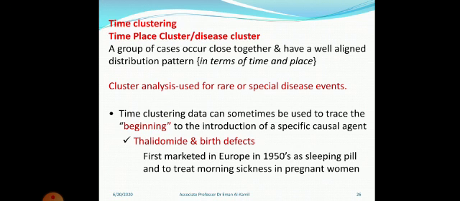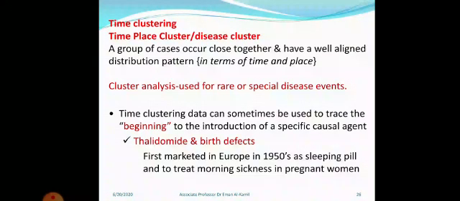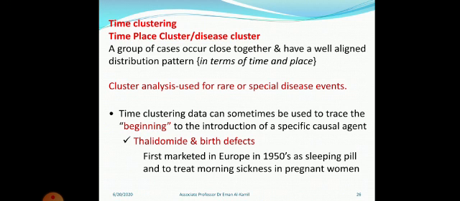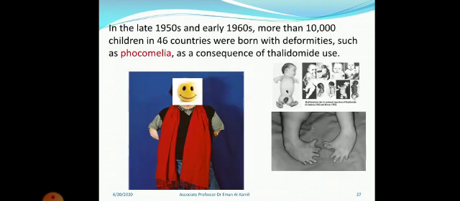For example, time clustering for thalidomide. Thalidomide is one of the drugs which was used as a sleeping pill in the beginning of the 50s, and it was used as an antiemetic in morning sickness in pregnant women.